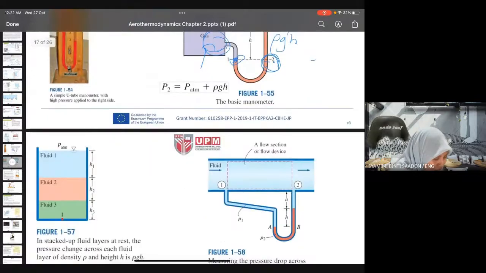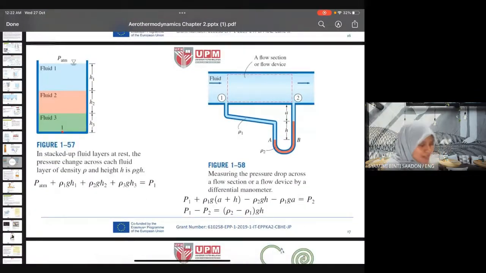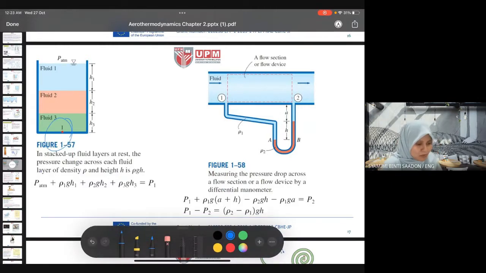Next, in stacked fluid layers at rest, the pressure change across each fluid layer of density rho and height h is rho GH. So still rho GH, just plus, and then you get the pressure at the bottom. You know P1 and want to calculate P2.